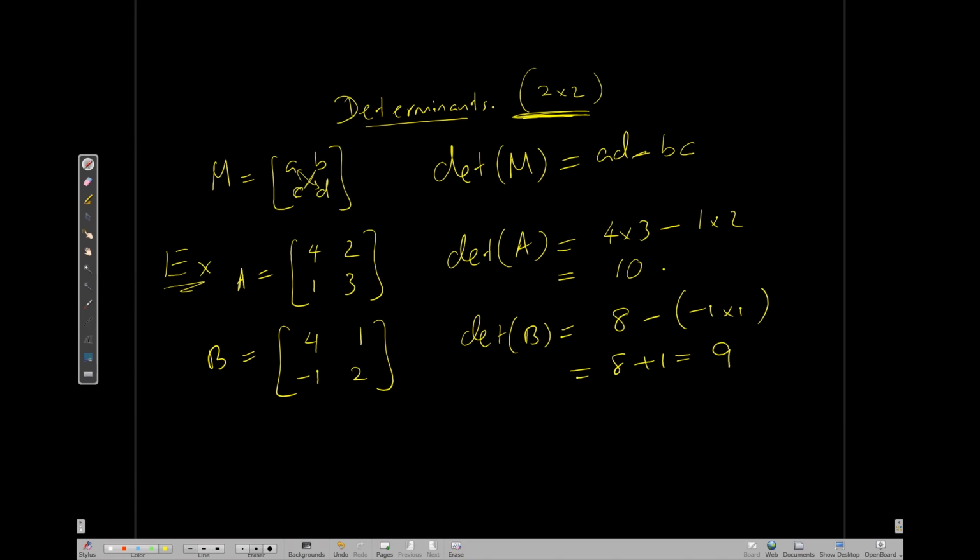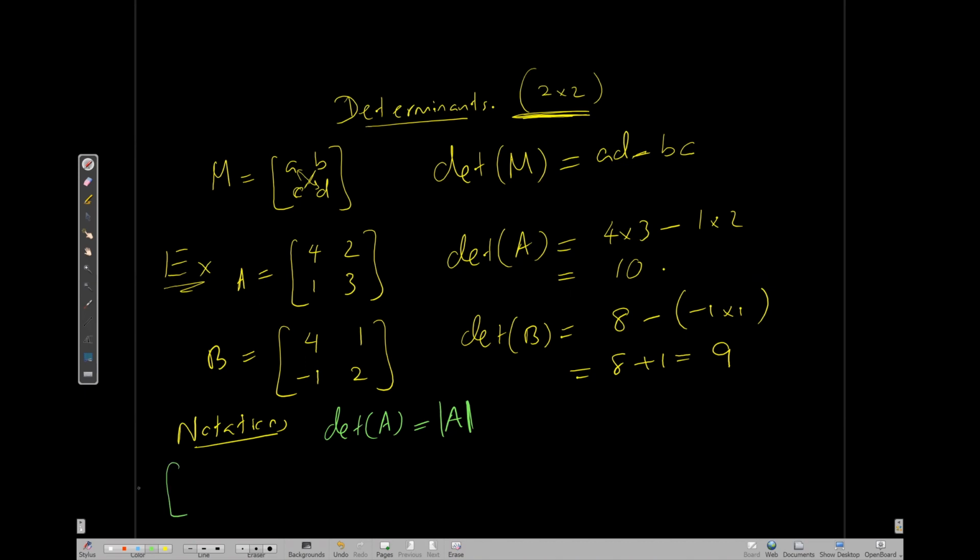Now, a few things to note. There are other notations. Determinant of A, sometimes we denote it like this, like the absolute value, but we have to be careful because the determinant can be negative. Let me give you a quick example.